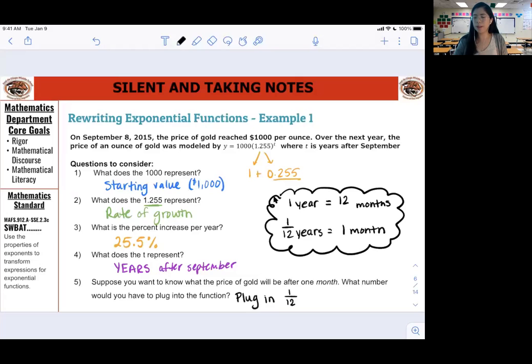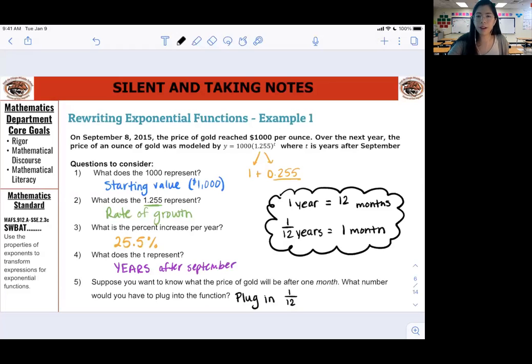Plugging a fraction into your calculator is already hard enough as it is. So it makes it more difficult to use that function if I'm going monthly. So what we're going to do is rewrite the function so that you don't have to plug in fractions. I'm going to rewrite it so that I can just plug in whole numbers, and that'll be a lot easier for me to do. So before I do that, last call, any final questions on this?